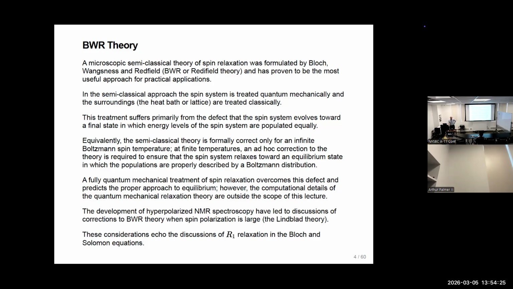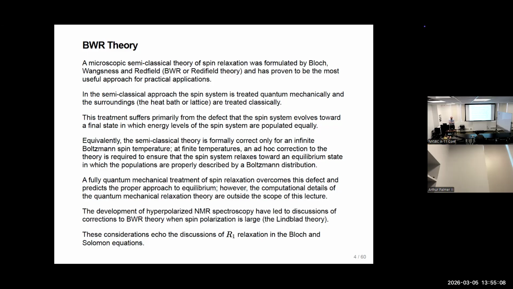And of course, 50 years ago, there were only small magnets. That was certainly true. Even now, for us in solution at 1.2 gigahertz, it's still a small population difference. But now there are methods of hyperpolarization that can generate quite high polarization levels in special cases. So there's renewed interest in what relaxation looks like in the high polarization rather than low polarization context.